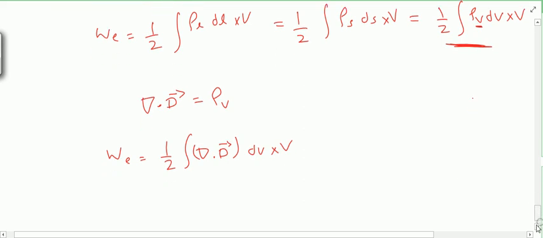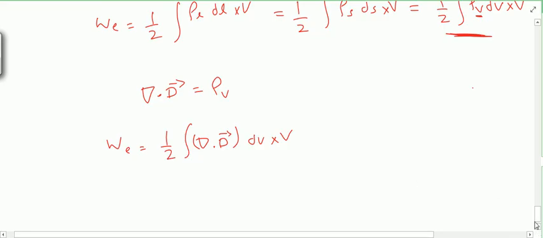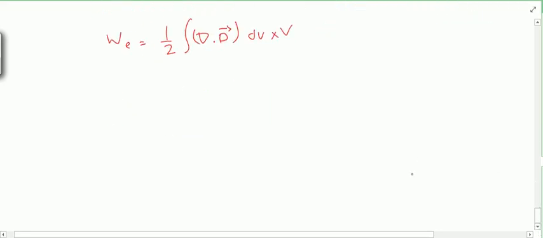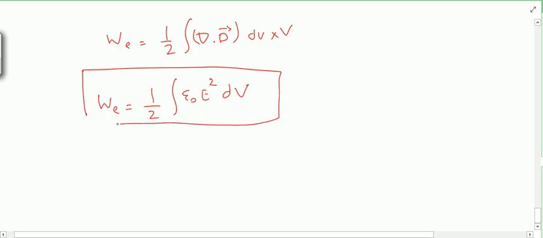And if these expressions are integrated and simplified using the vector properties of the divergence, the final expression, which you just have to remember, will be half of the integral of epsilon naught E square dv. This will be the first expression of energy stored.